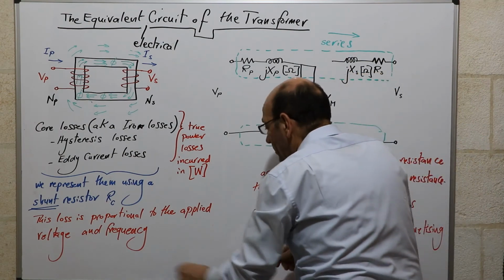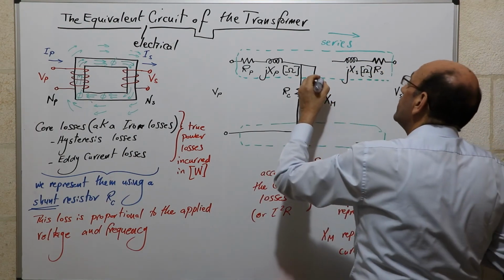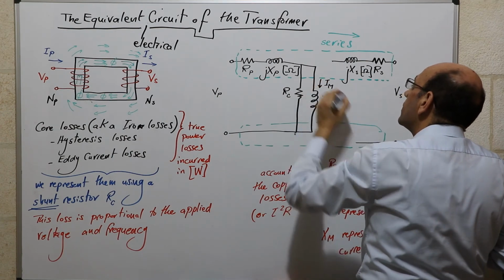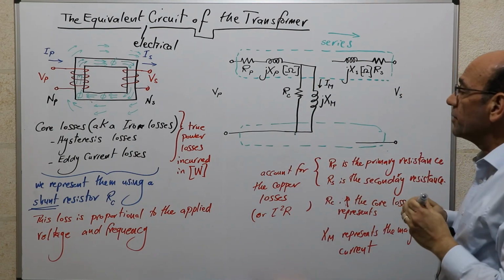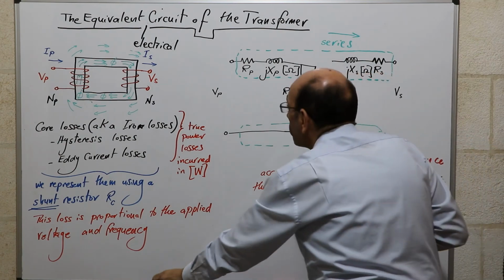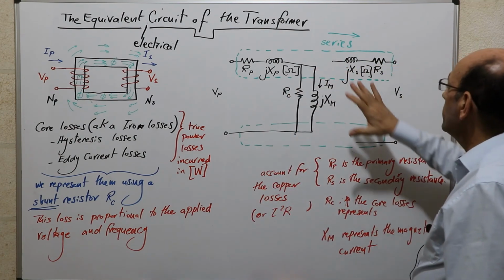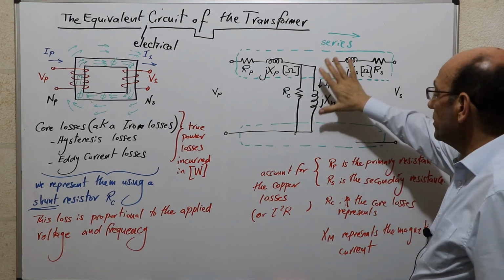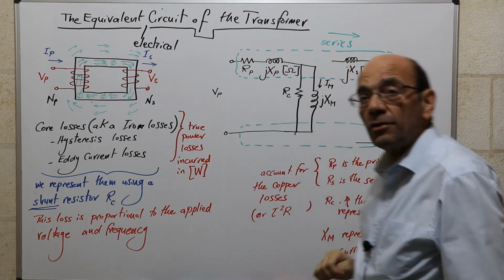And so the magnetizing current would actually flow in X M, and we refer to the magnetizing current as I subscript capital M. And so now we've actually completed part of the model, but the model is still not fully complete. We're still missing an important component at this point.